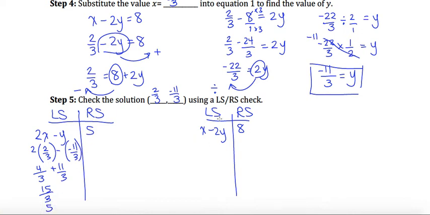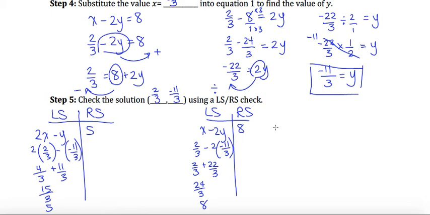All right, so let's take a look at the second equation. I have 2 over 3 take away 2 times negative 11 over 3. 2 over 3, negative 2 times negative 11 is plus 22 over 3. 2 plus 22 is 24 over 3. And 24 divided by 3 is 8.